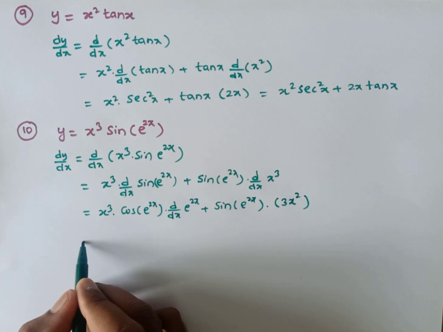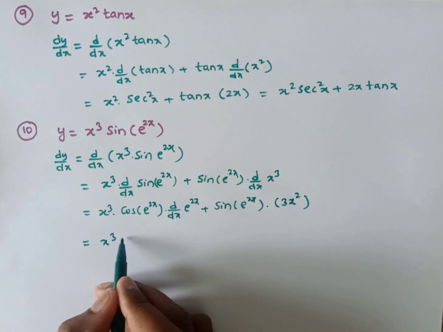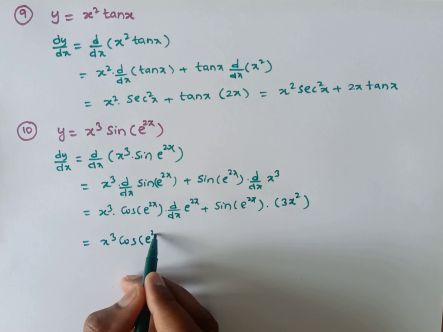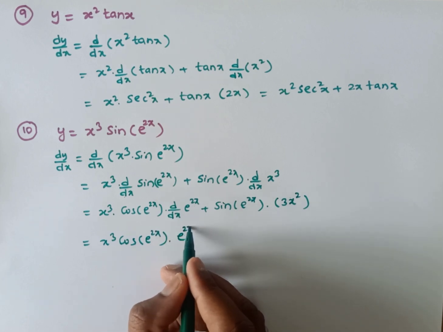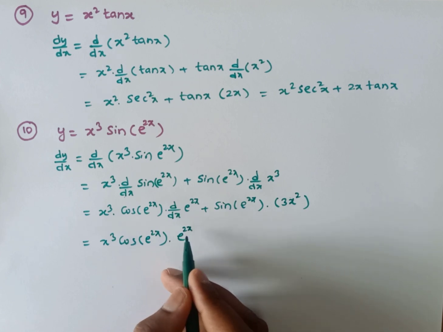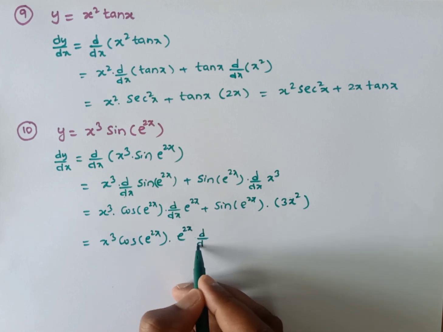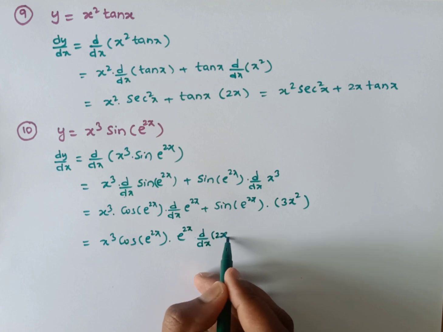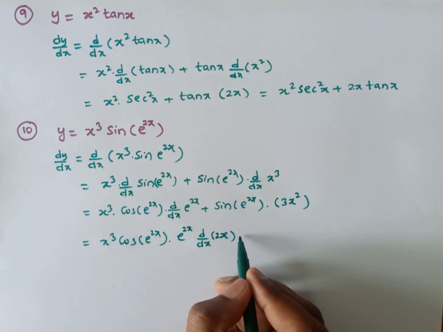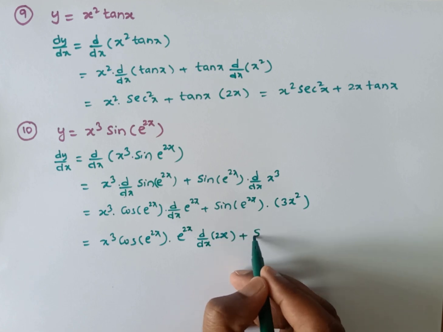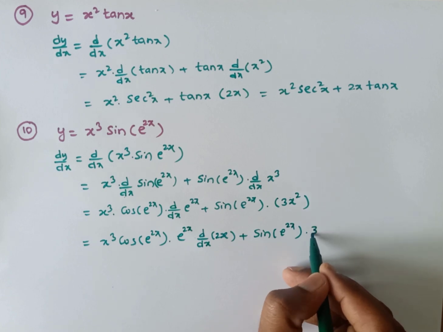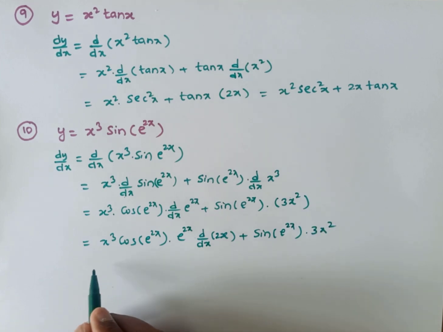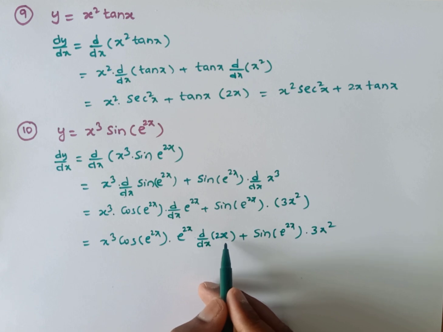Now here it is x cube into cos of e power 2x into the derivative of e power x, which is e power x. But in the place of x there is 2x. If it were x we would leave it, but 2x is there, so you need to apply the derivative for 2x also. We must keep taking derivatives until x comes in the output. Then it is sine of e to the power of 2x into 3x square, no problem here. Finally the derivative of 2x is 2.